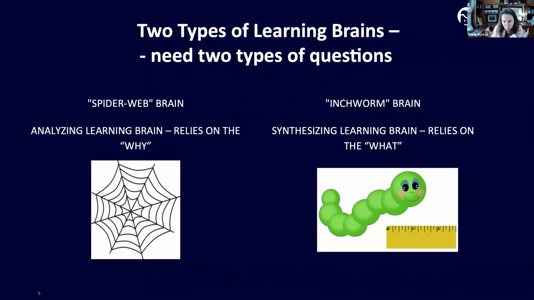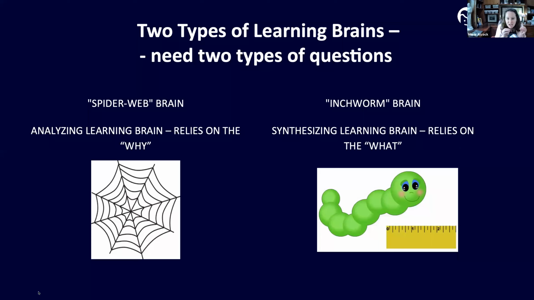The spiderweb brain, or an analyzing brain, relies on the why to guide their retention and to keep them focused and engaged. The inchworm brain, also known as a synthesizing learning brain or an academically inclined brain or a linear brain, all those words were the same sort of research, relies on the what.